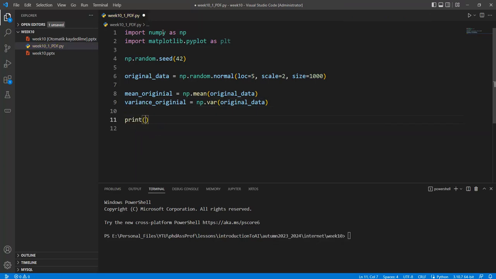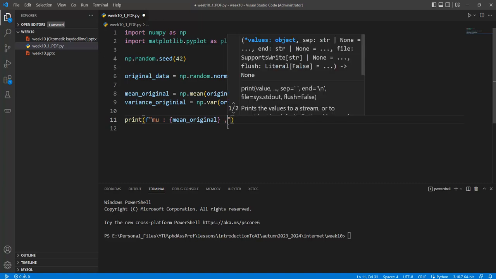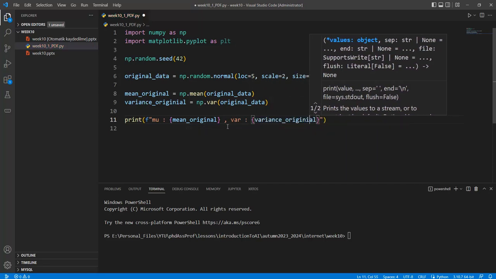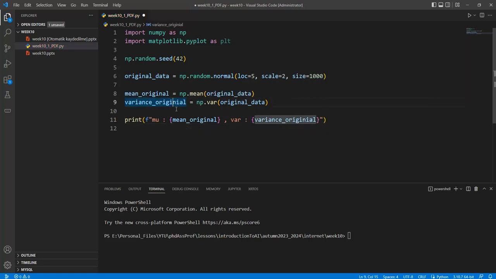And then we can print the values: mu, mean original, and variance original. Okay, these are the model parameters.